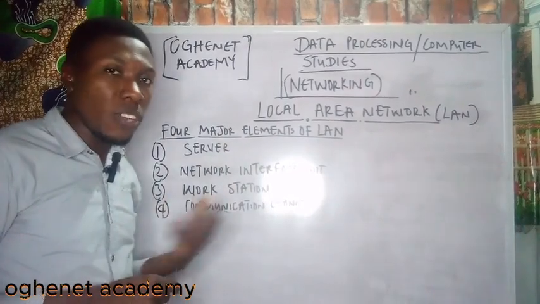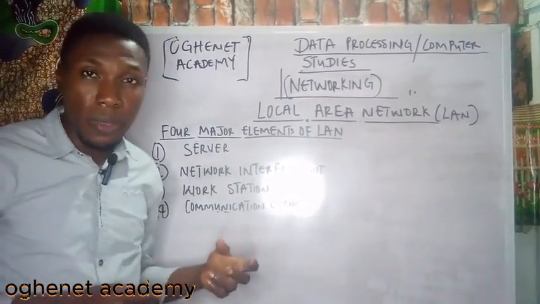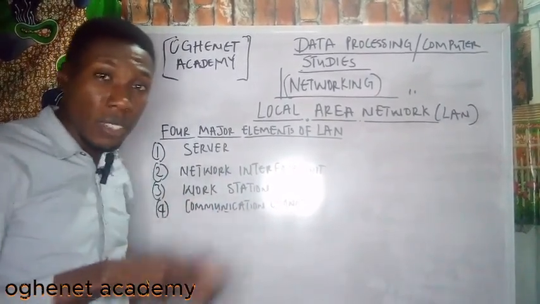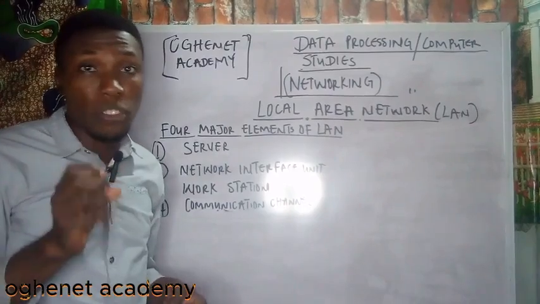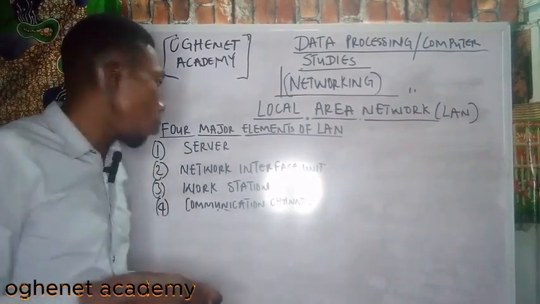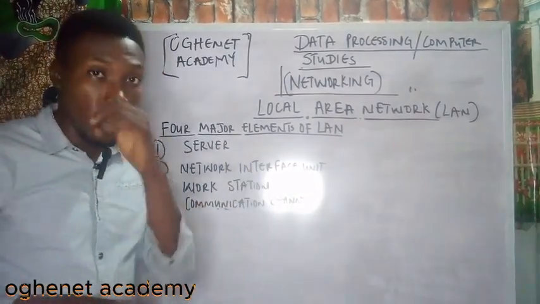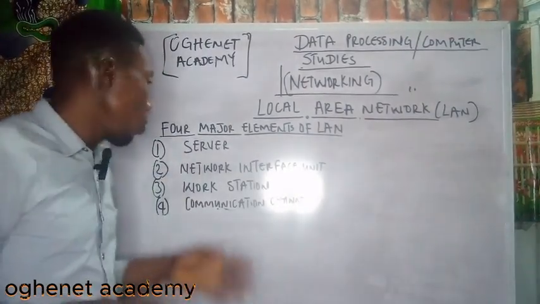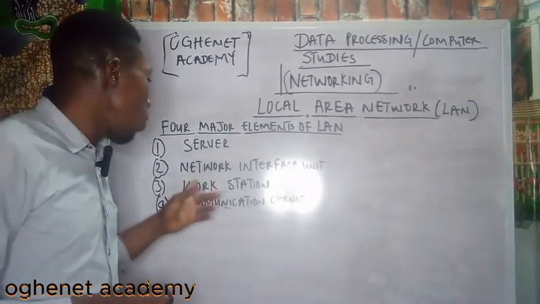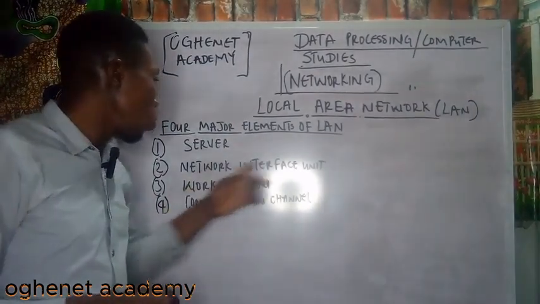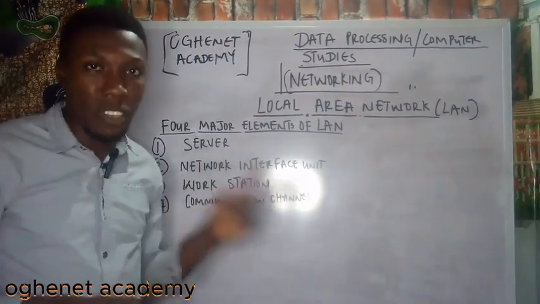But then, when the server wants to get to the workstation, now what did I say the workstation is, if you can remember? Well, for those of us that have not watched the previous episodes of the four major elements of the local area network, you quickly go and check my videos on workstation, the network interface unit, and the server.